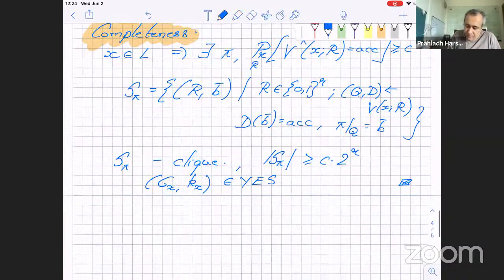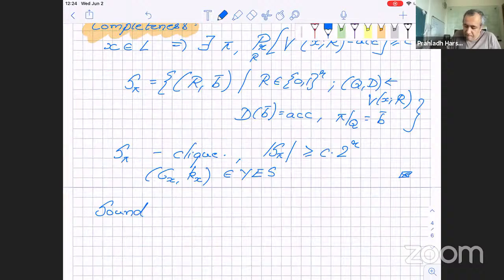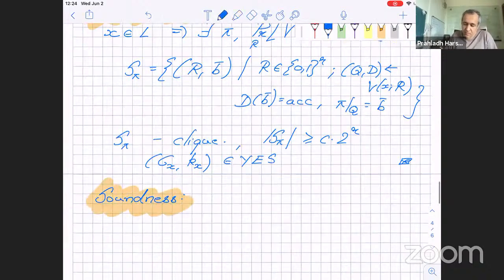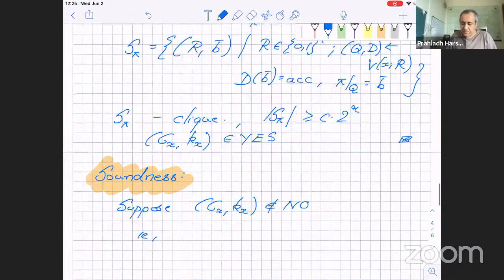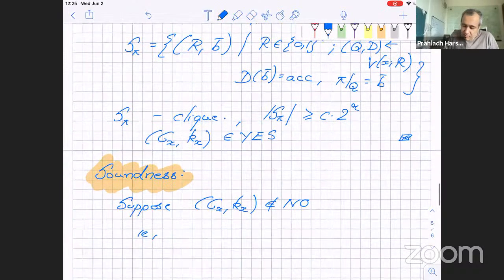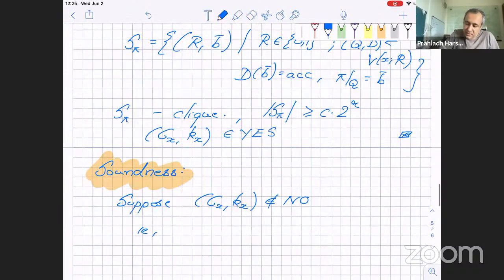Soundness, what do we want to show? Let's prove the contrapositive. Suppose (G_x, K_x) is not in no. That is, there exists a clique.